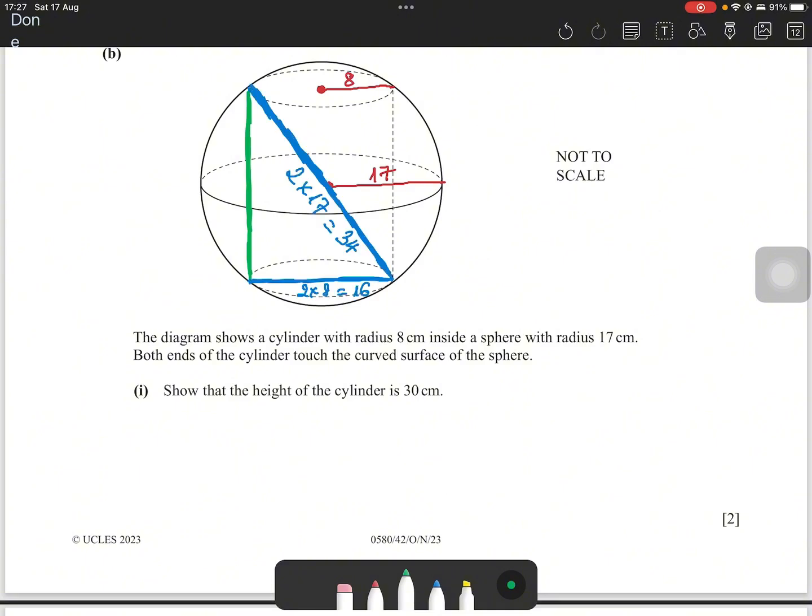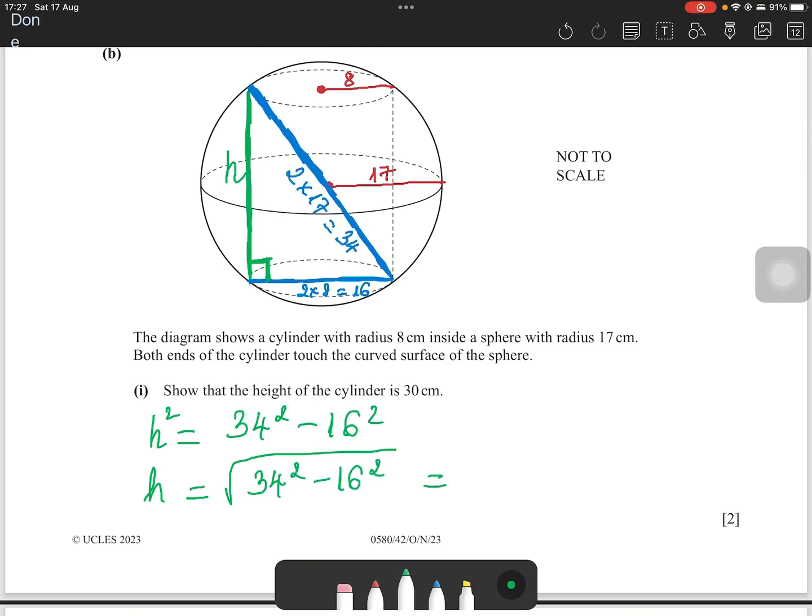So you see that this is a right angle triangle. To find the green line, which is the height of the cylinder, we need to use the Pythagoras theorem. Height squared equals 34 squared minus 16 squared. And then to find the height, we take the square root of this difference. So the answer is 30 centimeters.